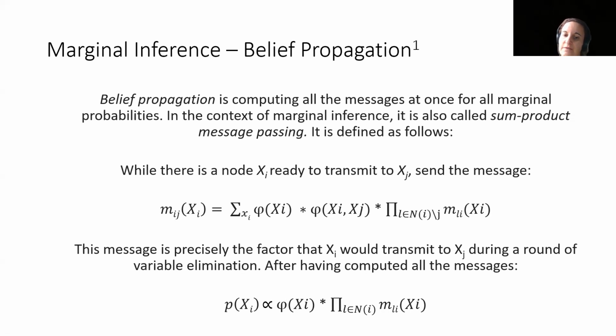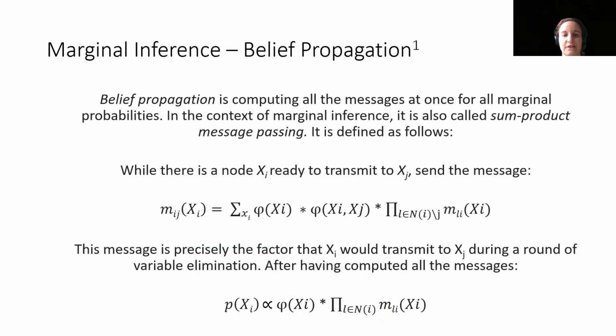It will be the part of the joint probability distribution that only depends on that node. Say that I want the marginal probability distribution of x1: it will be the part of the distribution that only depends on x1, if it exists, multiplied by all the messages that come from the edges of that node. And these messages, as we described, are recursively defined and computed.